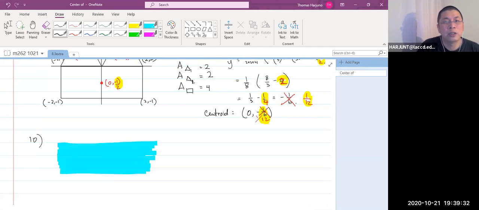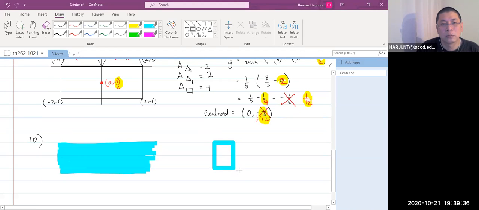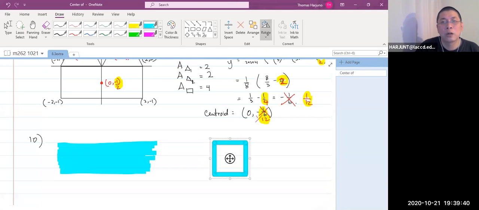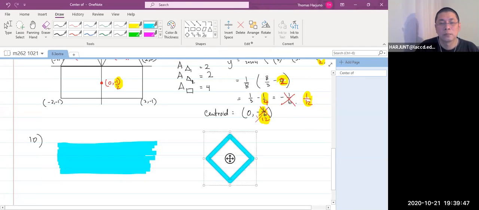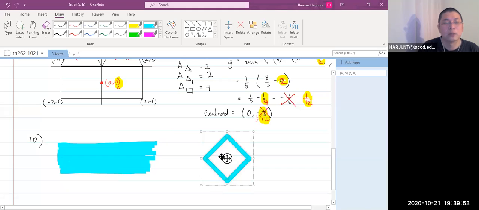So imagine if you have a square that you rotate. Okay, and then you put it there. You see what I mean?